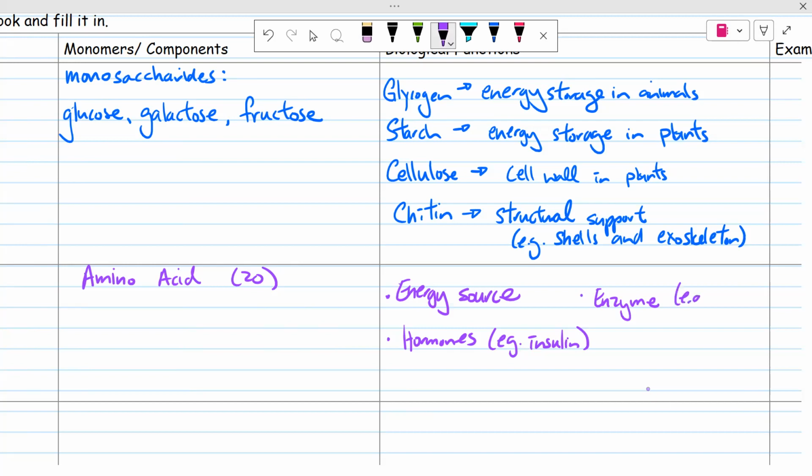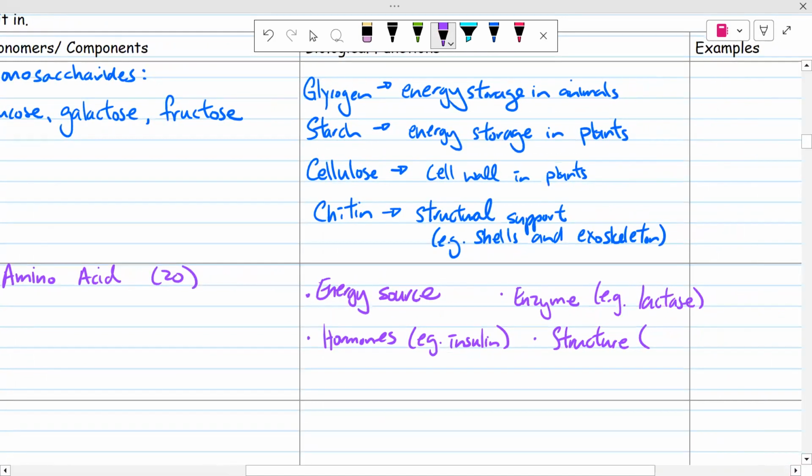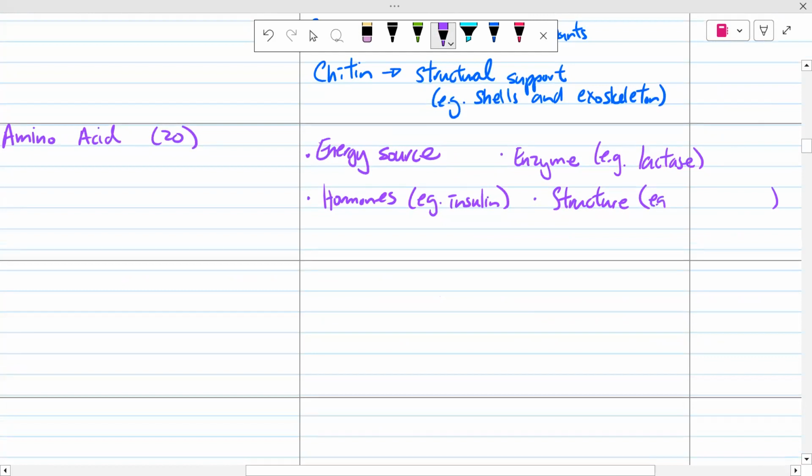An example of that would be like lactase, which breaks down lactose. What kind of things in the body are made up of proteins? Yeah, muscle, nails, hair, yeah. So these are the main functions that we learned for proteins.